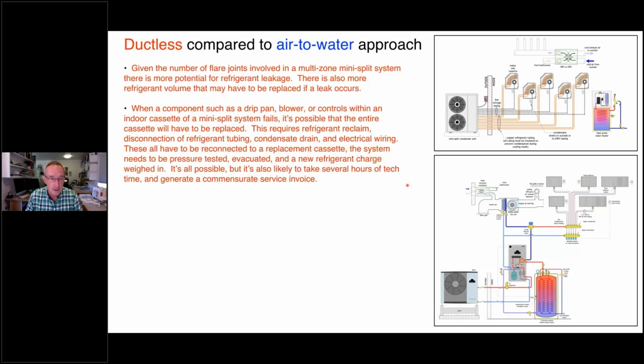So they had to reclaim the refrigerant, disconnect the refrigerant lines, disconnect the condensate drain, disconnect the electrical, take the unit off the wall, put the new unit on, and then basically go through pressure testing, evacuating the new refrigerant tubing, and putting refrigerant back in. Again, the parts were covered, but there was a $600 charge for the labor, which was not covered under the warranty.